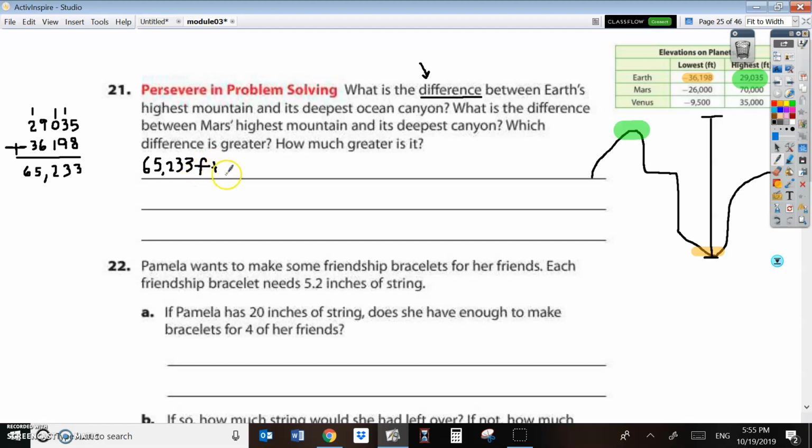Okay. And now that's that first question, between Earth's highest mountain and its deepest. Okay, now let's do this question right here.